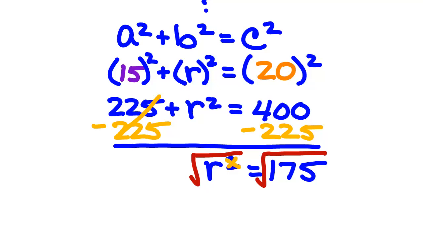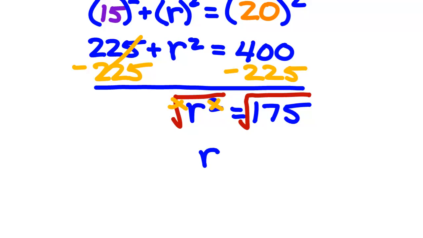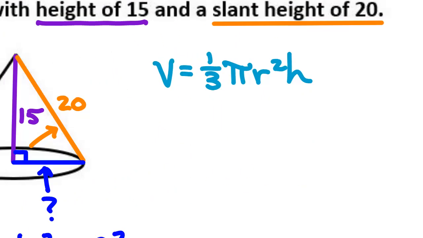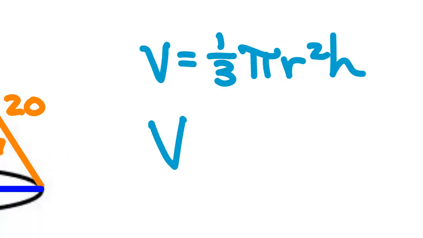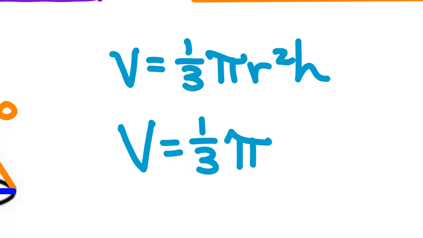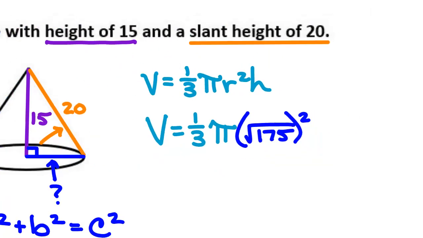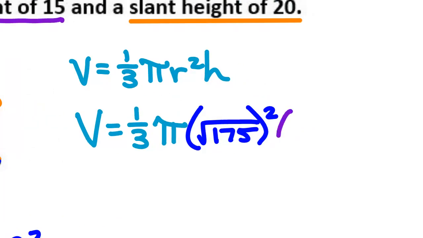Is the square root of 175 a very pretty number? No. Then let's go ahead and just leave this in its exact form. Leave it as radical 175. Now I have a value that I can substitute in for r. Volume equals 1/3 times pi times the square root of 175 squared times our height of 15.